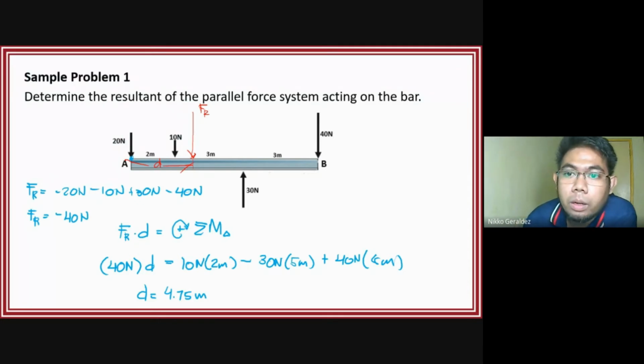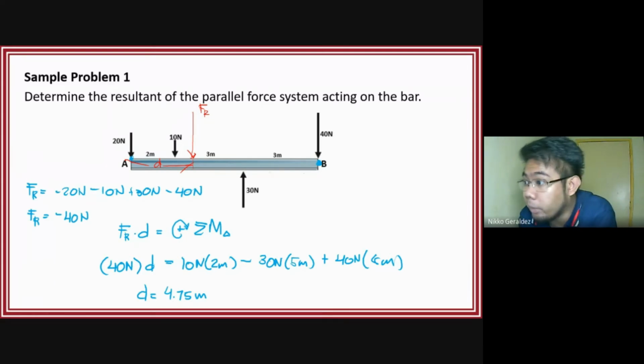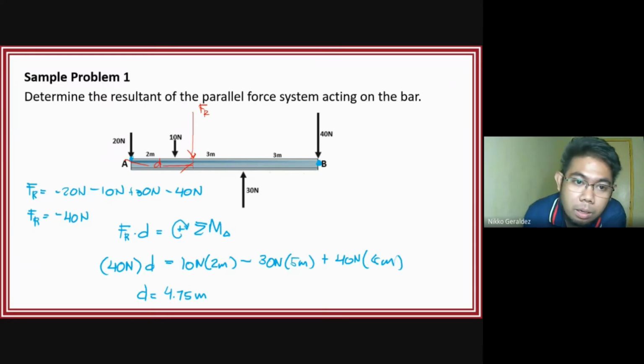Ayun po. So next, gawin natin mag-moment tayo at B. So pag nag-moment tayo at B, ano magiging position? Dapat ang maging sagot natin dyan is 3.25. Kasi 4.75 yan from point A. So dapat from FR to point B, so that is 3.25.